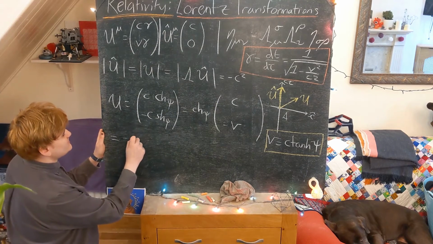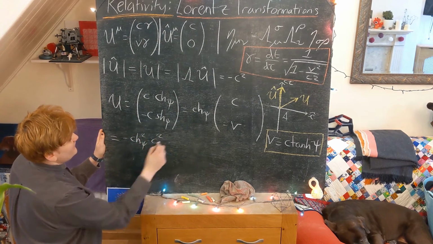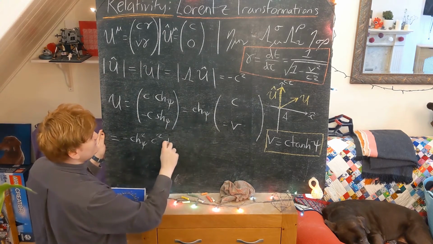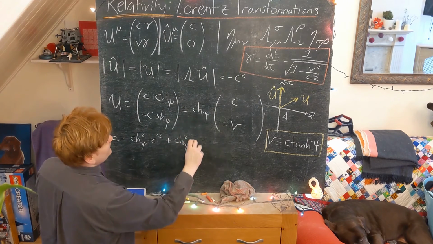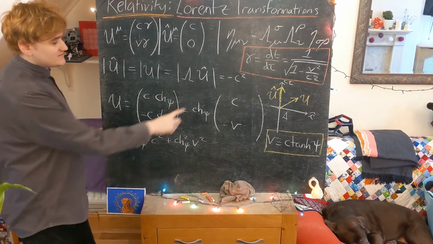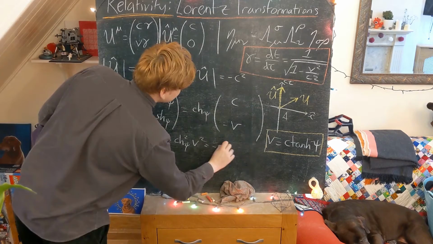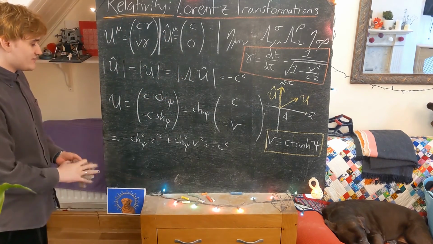So we're going to have a minus cosh squared c squared, and then plus the second component squared, so plus a cosh squared v squared, and then because this length is fixed, it always has to be equal to minus c squared. So all that's left to do is some algebra with this expression.